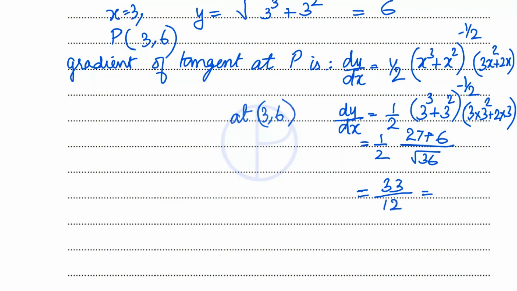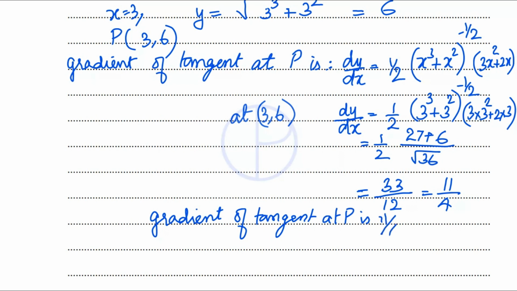Or this can be written as 11 over 4. Okay, so gradient of tangent at P is 11 over 4.